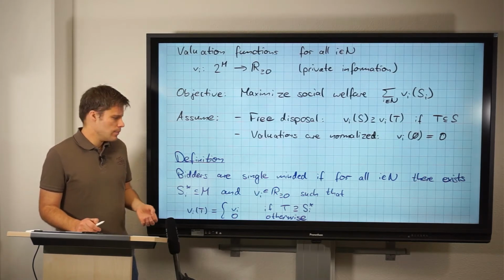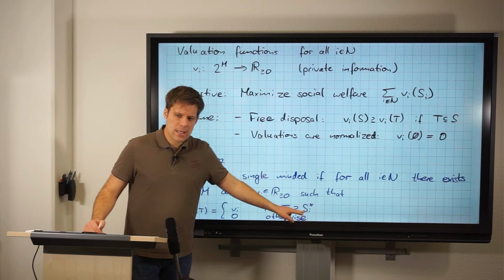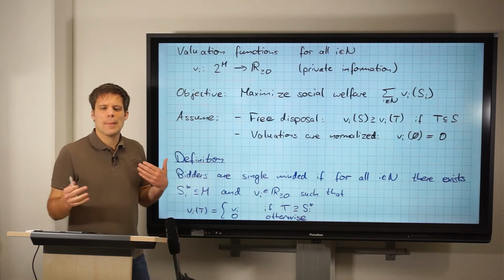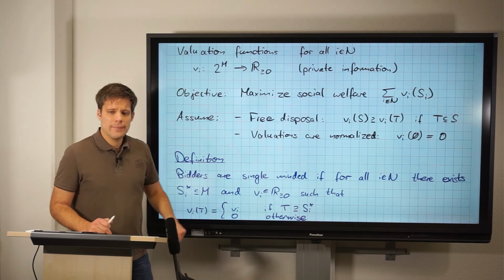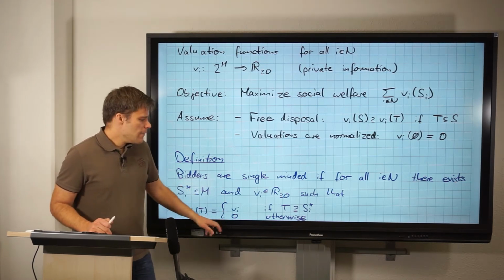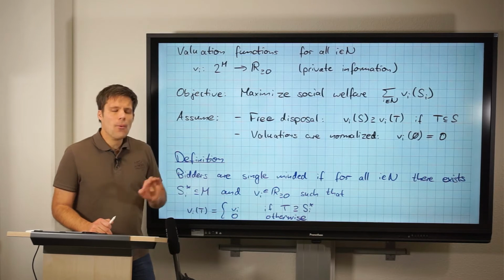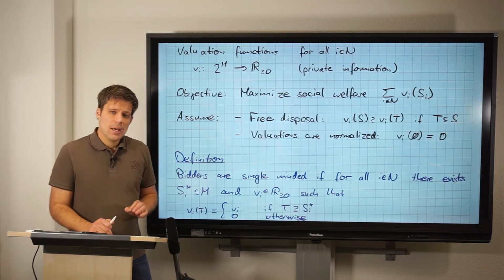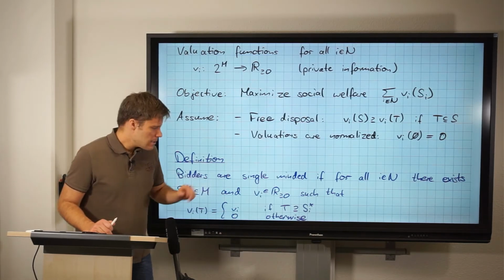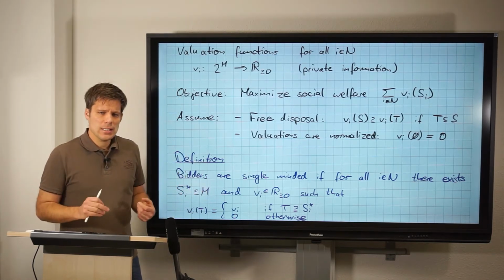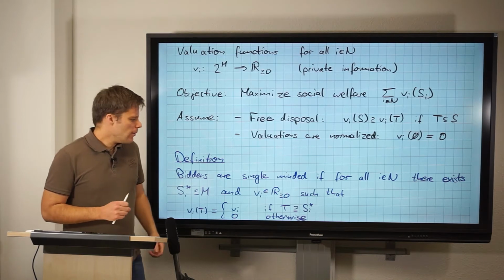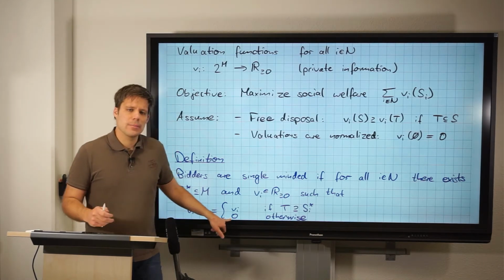If I get at least the set S_i star, meaning I might also get more items, then my value is always v_i. But if I don't get all of S_i star, and this might even mean that S_i star contains 100 items, I'm getting only 99 of them, then my value will always be 0.